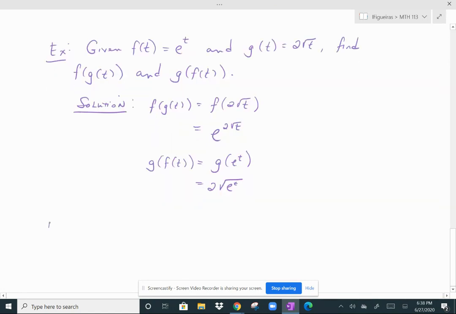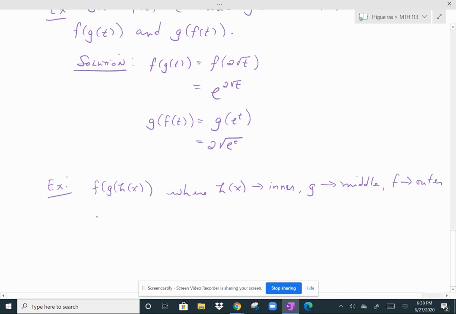One last thing is that it is possible to have more than 2 layers of a composite function. So instead of just f of g of x, suppose I had f of g of h of x. In this case, there's 3, where h of x is the innermost function, g would be your middle function, and then f would be your outer function. So it is possible for that to happen.